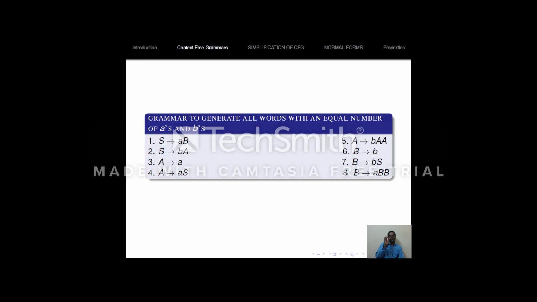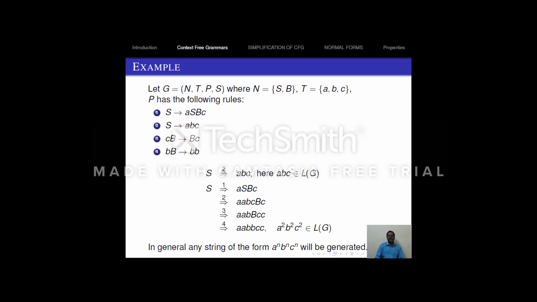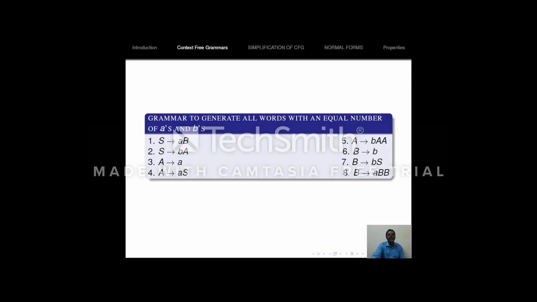That is, S stands for the starting symbol, capital B stands for the generation of small b, and capital A stands for generating A. So with this combination of 8 rules, we'll have any combination of any words made up of A's and B's, such that the number of A's and number of B's are equal. A little amount of practice will make things more clear.